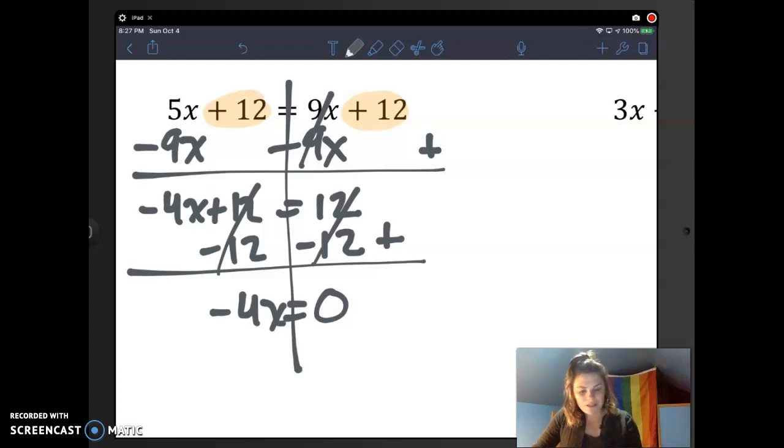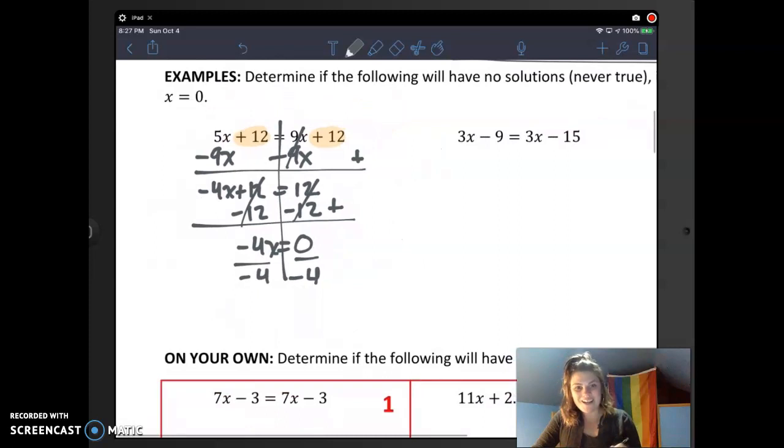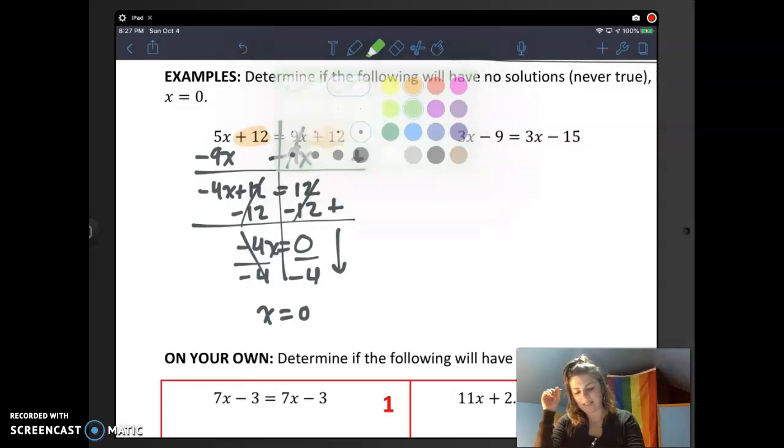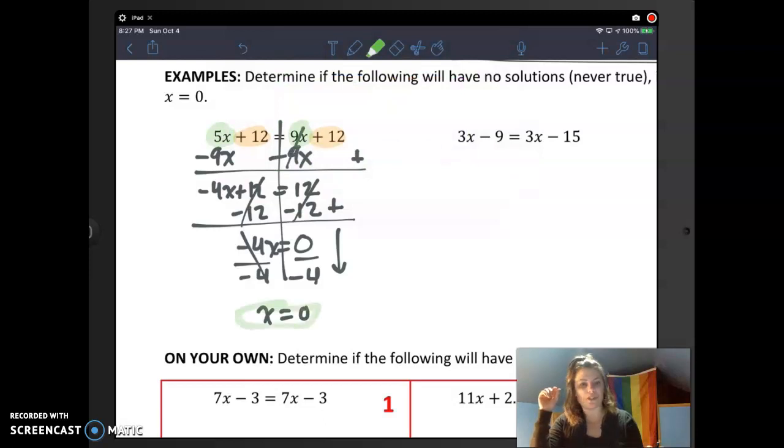Okay, so what does that mean? Let's divide by the number that's in front of the x. And we get x is equal to 0 when we divide top to bottom. So whenever you have the same group of numbers on both sides, but different groups of x's on both sides, then you know that x must be equal to 0.